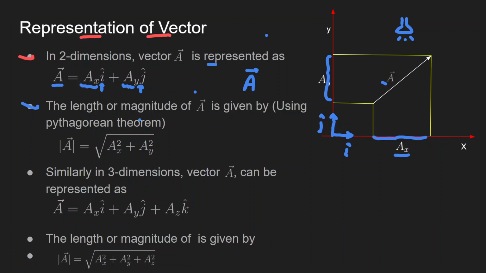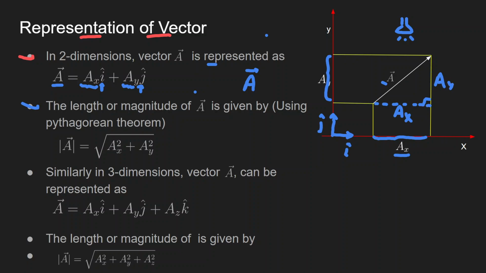Next is the length or the magnitude. Now suppose I am interested in only finding the magnitude of that vector. In order to do that, let's see. If I complete this triangle, this becomes a right angle triangle. If this is Ax, this component also becomes Ax, and this becomes Ay.